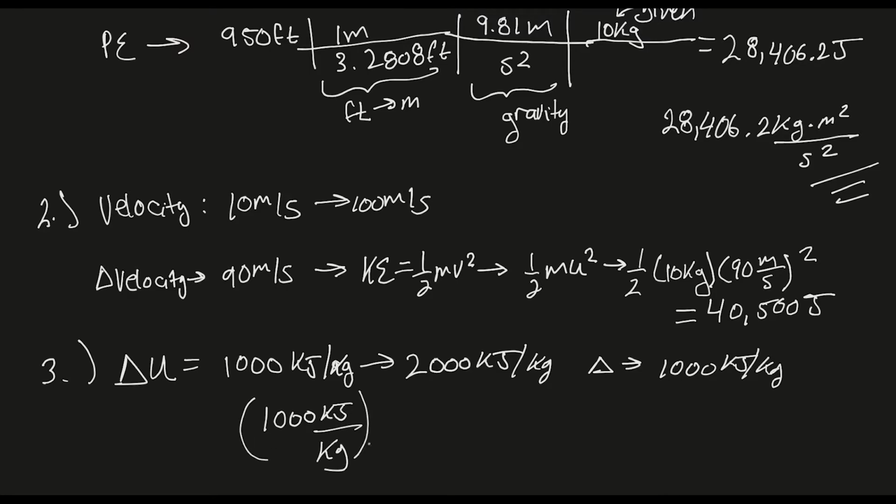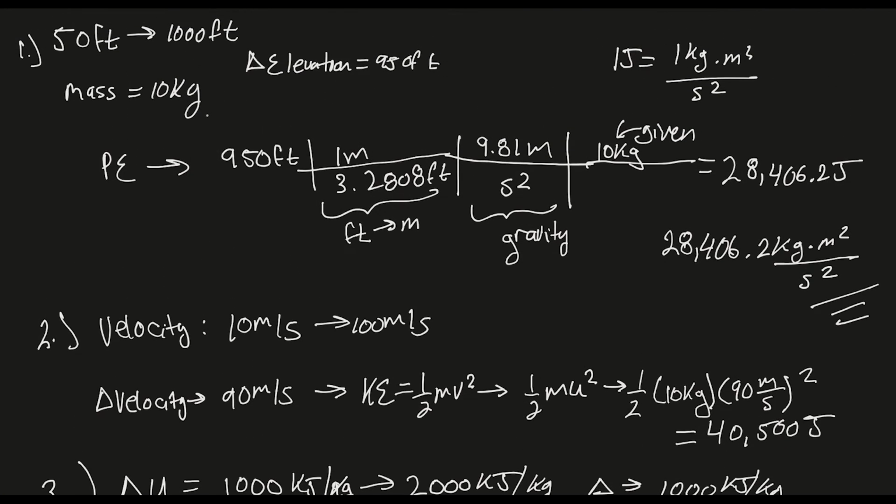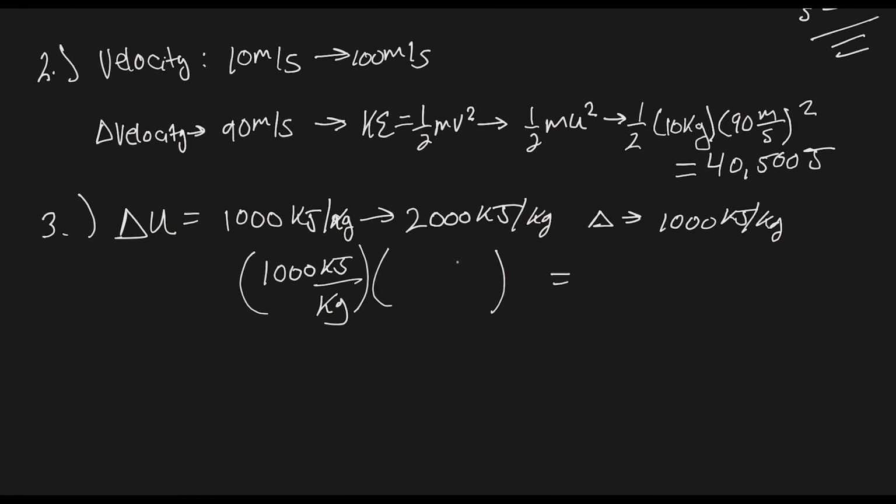kilogram. What do you see about this that makes it easy for you to calculate your energy component? Notice there's a kilogram here, and notice that you're told that the mass of the system is 10 kilograms. Therefore, you could write 10 kilograms up here, and then cross this out, and plug this into your calculator, and you're going to get 10,000 kilojoules.